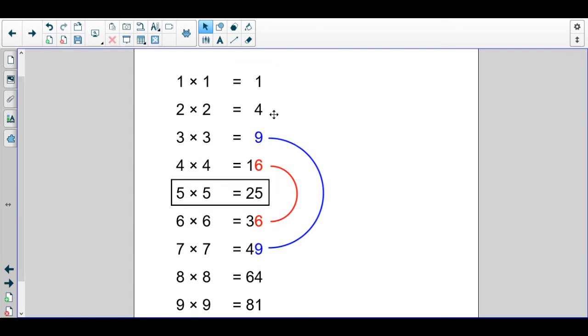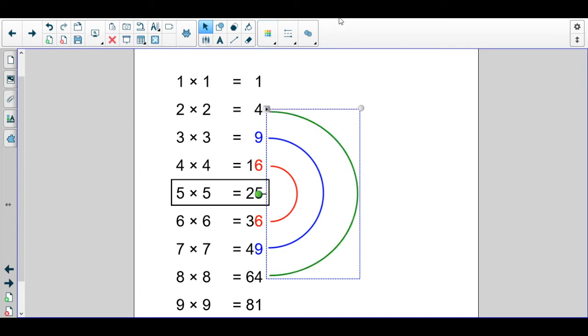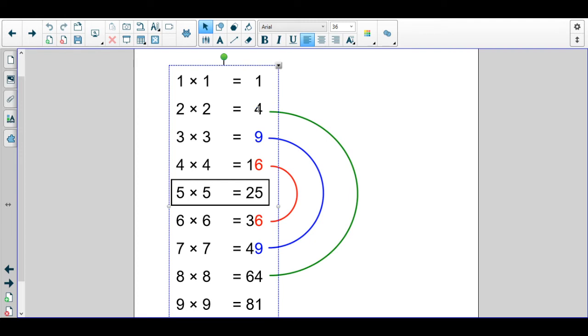And now the pattern becomes even more obvious. All right, we have got right here a 4 and a 4.